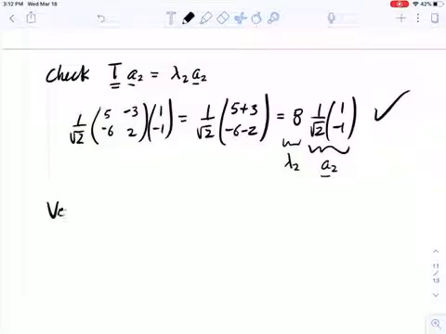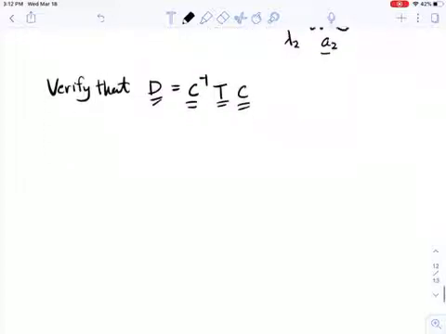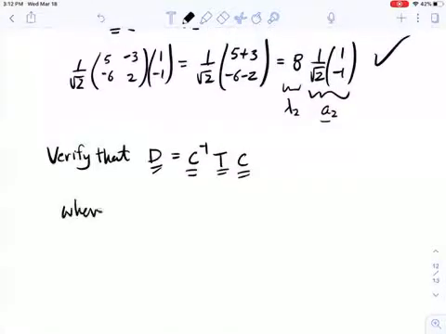So the last thing we'll do is verify that D is equal to C inverse T times C, where C, remember, was made from our eigenvectors, A2 and A1, or A1 and A2, I guess.